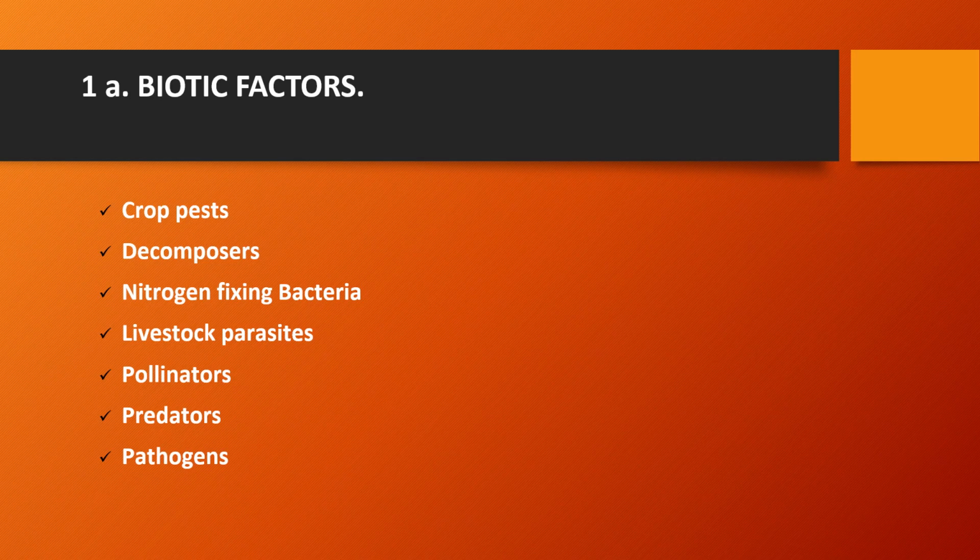Predators are the animals that depend on another for food, and they also have an effect on agriculture. Finally, we have pathogens. These are also microorganisms that are found within an environment. They also have an effect on agricultural production.